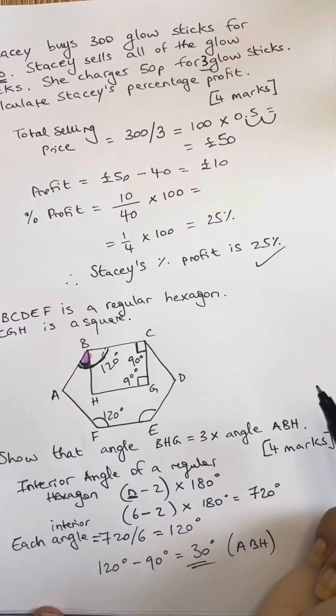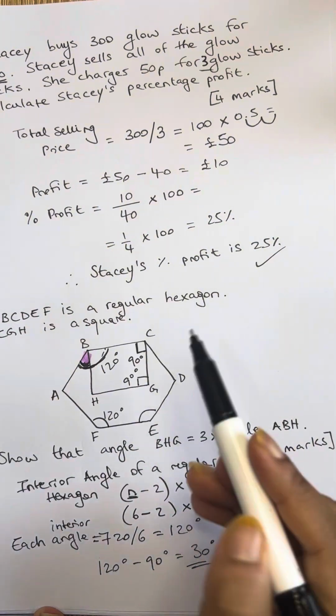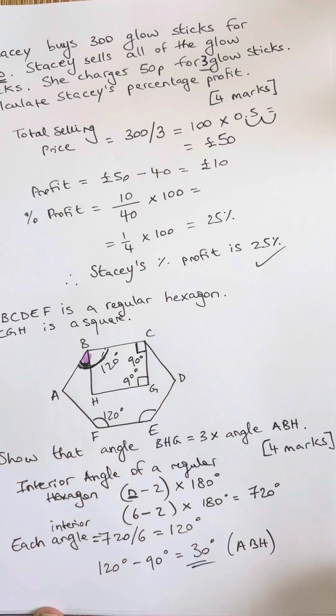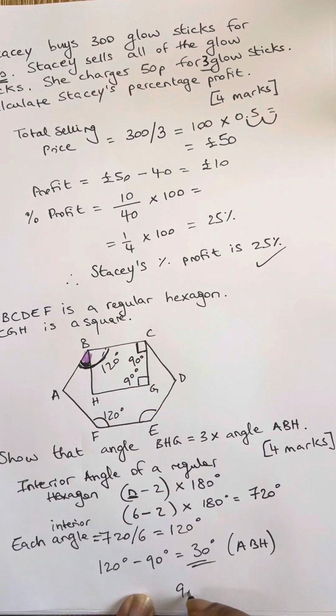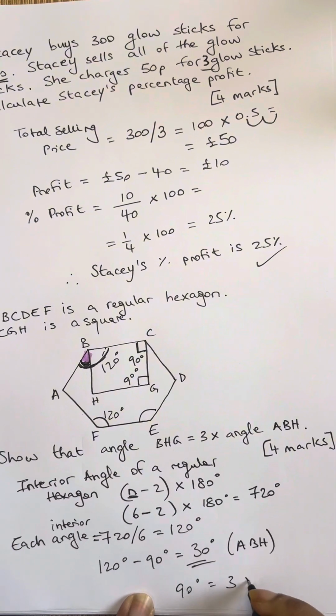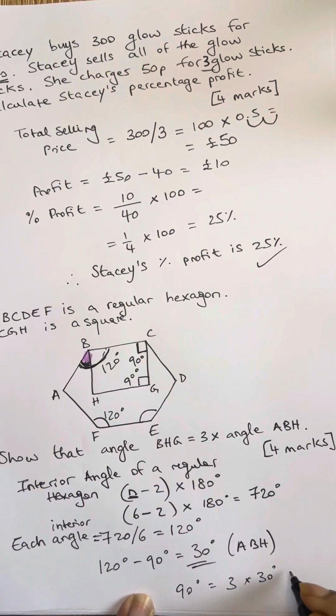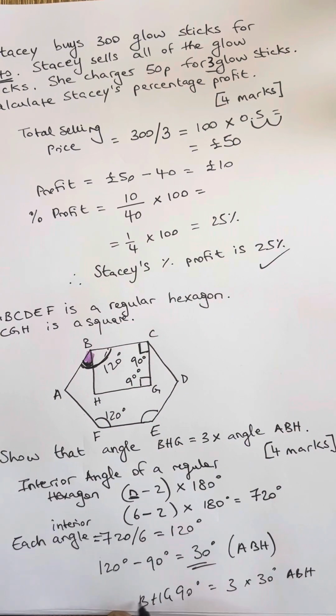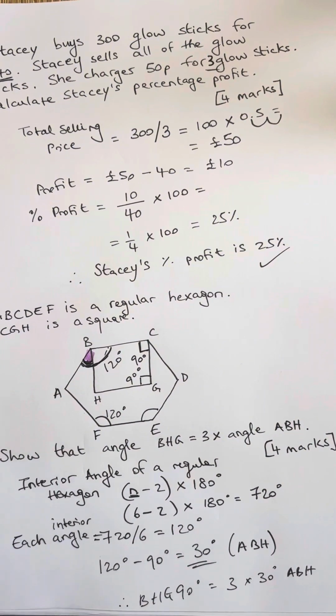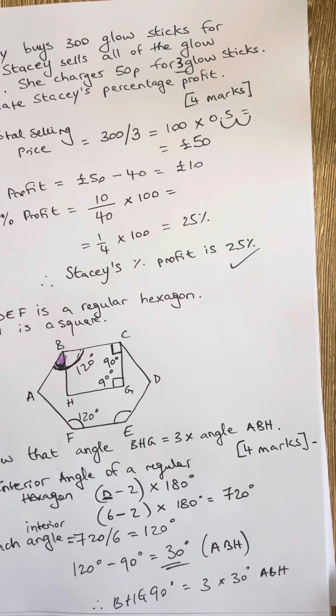And you have proved that BHG, which is 90, is 3 times the angle ABH, because it's 3 times 30 degrees. And that is going to give you your 4 marks.